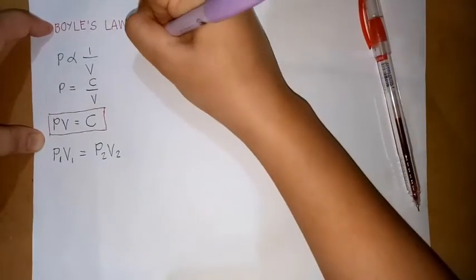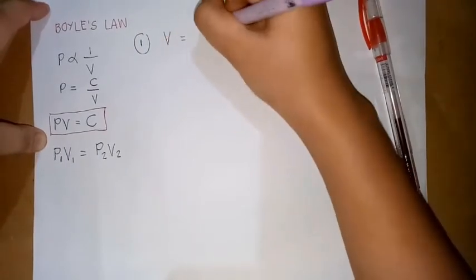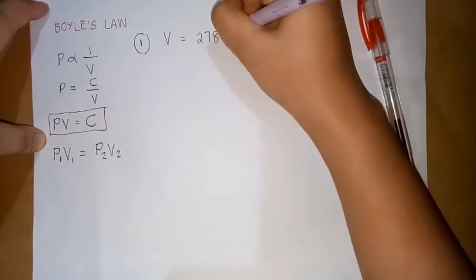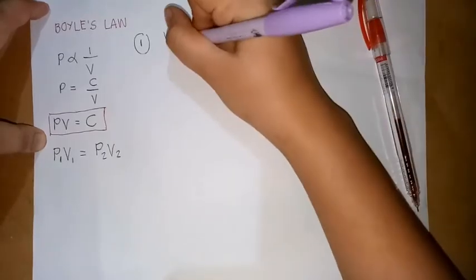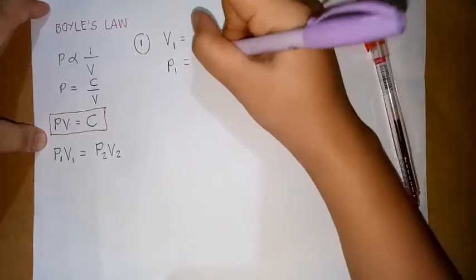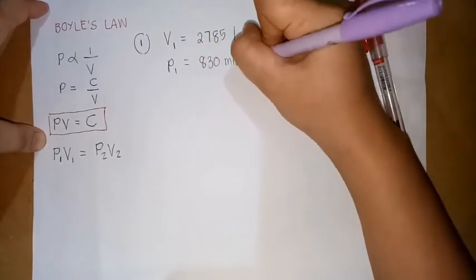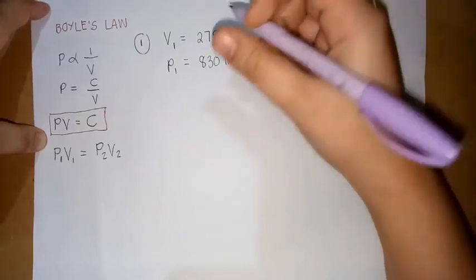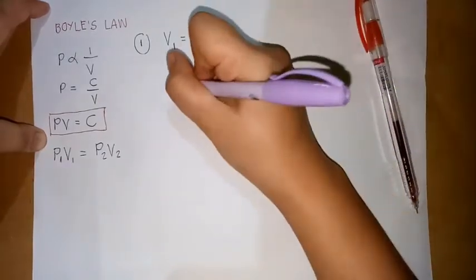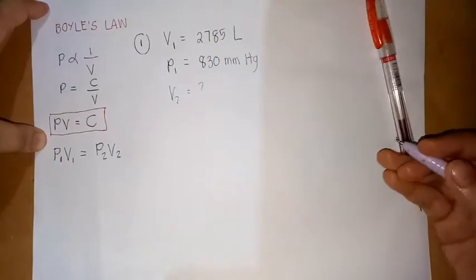For problem number 1, we have a volume of 2,785 liters of propane initially. And the pressure of this propane is equivalent to 830 millimeters of mercury. What is the volume of the propane at standard pressure?